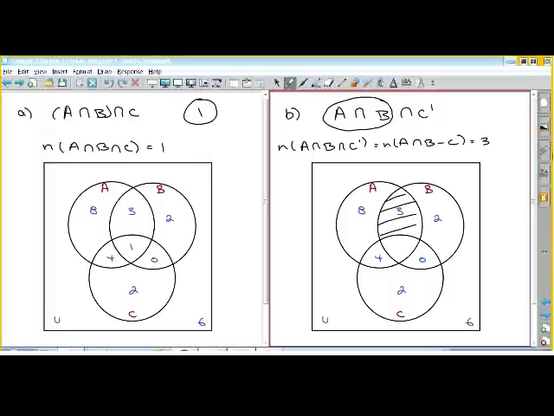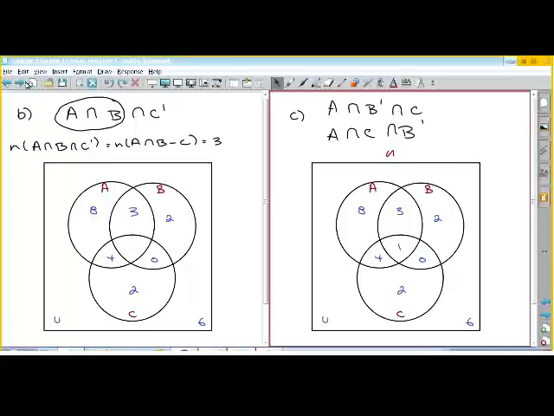That is 3. So there are 3 elements in the resulting area. I take A intersect B, which is a football, and subtract the area that involves C. That leaves me with 3 elements.